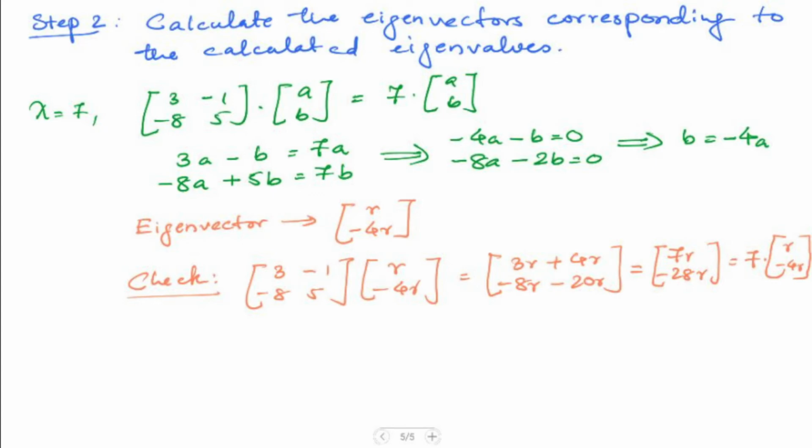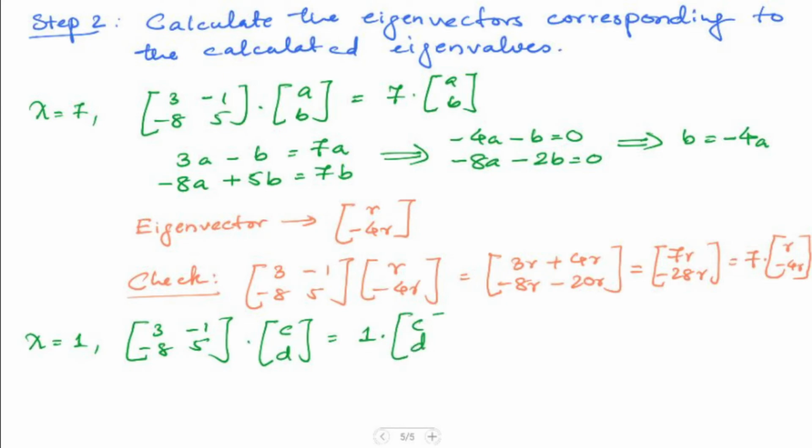Now let's go ahead and work on the second eigenvalue, which is lambda equal to 1. Again, we take our matrix A, that's 3, minus 1, minus 8, 5, times, let's say the eigenvector now is (c, d), equal to the eigenvalue times the eigenvector (c, d).